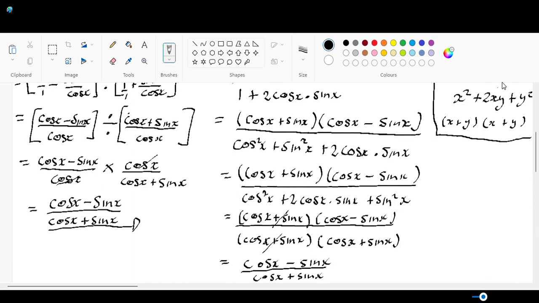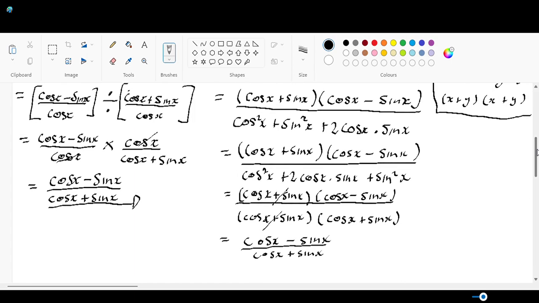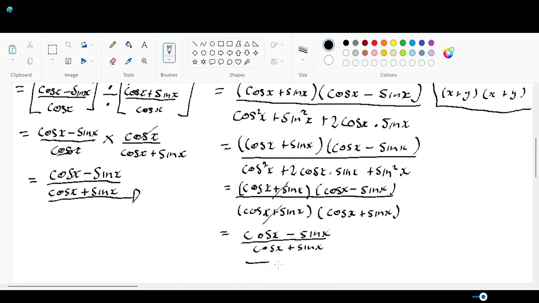When you look at that answer there, it's exactly the same as our answer here. Can you guys see? And this side is the left hand side, whereby this side is the right hand side. So guys, when you have a problem whereby both sides are complicated, it's best to simplify both sides, and you will have the very same answer, as you can see from this problem that we just worked out.